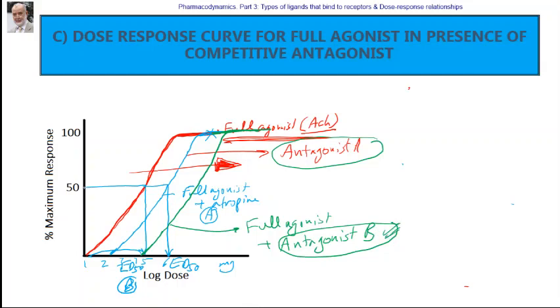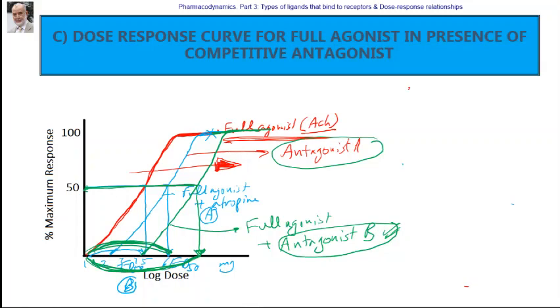Because the ED50 needed from the agonist in the presence of this antagonist is larger. The ED50 needed of the full agonist to produce exactly the same response value, which is 50%, is larger than the ED50 needed in the presence of antagonist A. This is the larger ED50.